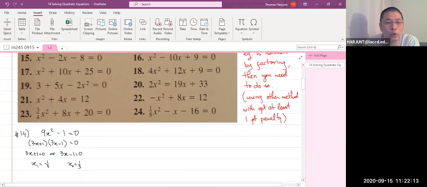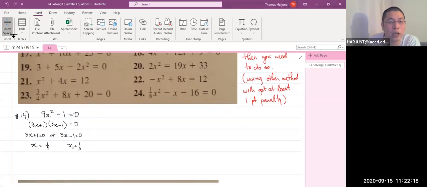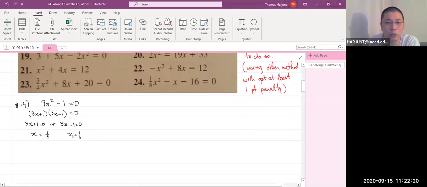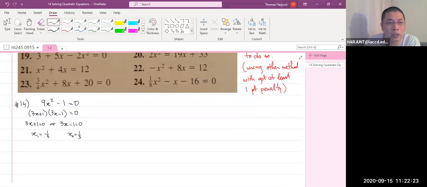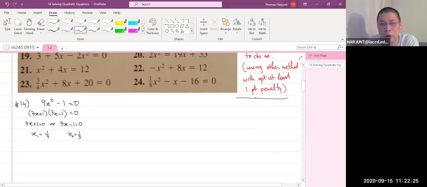Now, when you solve a quadratic equation by factoring, keep in mind that the other side has to be zero, because we rely on the zero product theorem. The zero product theorem says that if A times B equals 0, meaning the product of two factors equals 0, then either one of the factors must be 0.